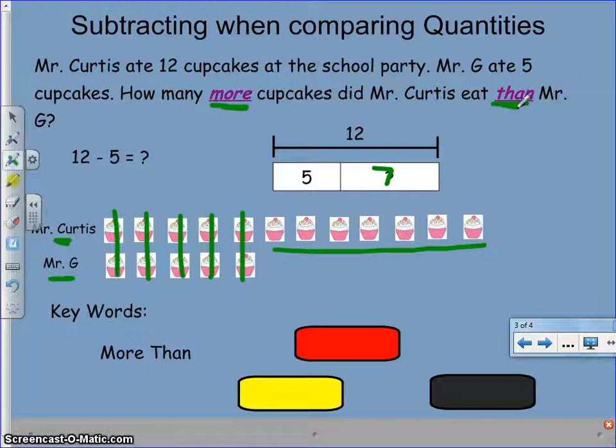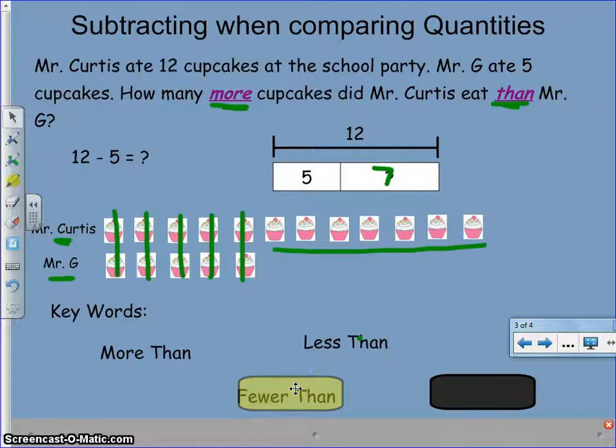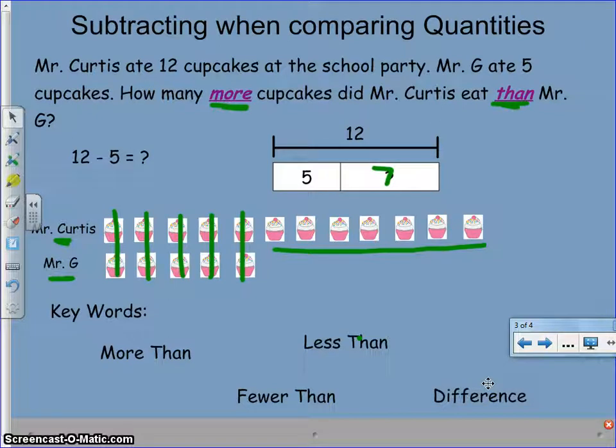And when you see more than, you should know that you're comparing numbers and you're subtracting. You also see keywords like less than and fewer than and difference. Those are all key words that are telling you you should be subtracting.